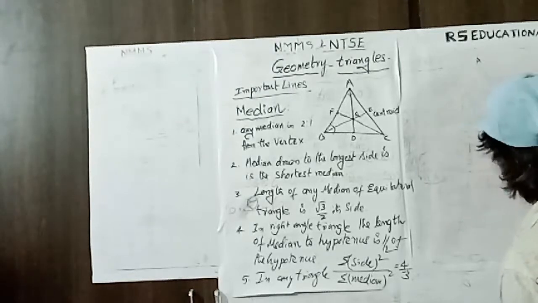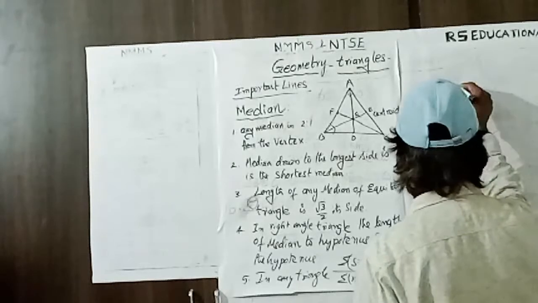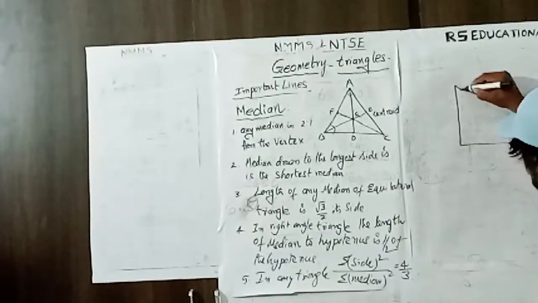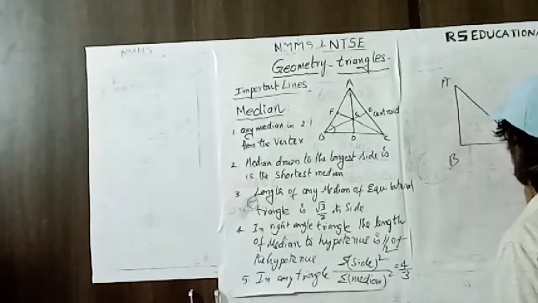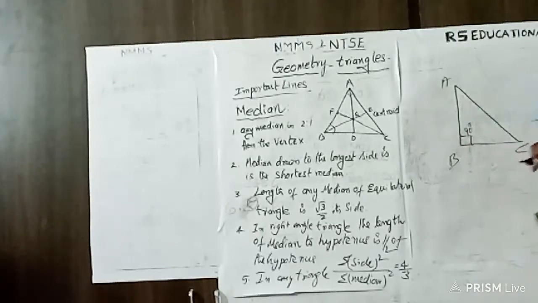In a right angle triangle, suppose you take the case of a right angle triangle ABC. The right angle is at B. That's why AC becomes the hypotenuse.